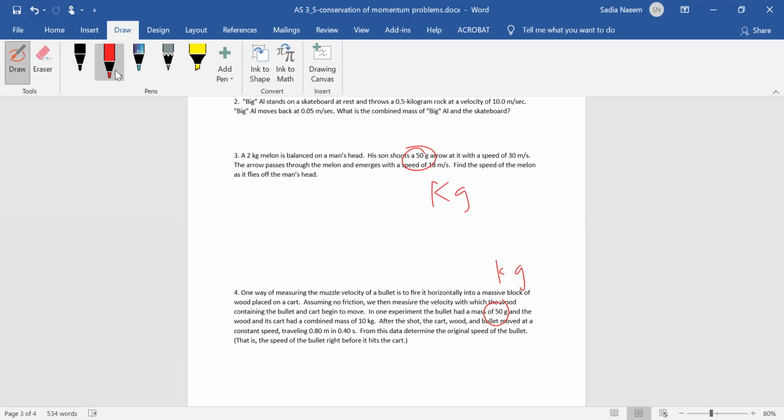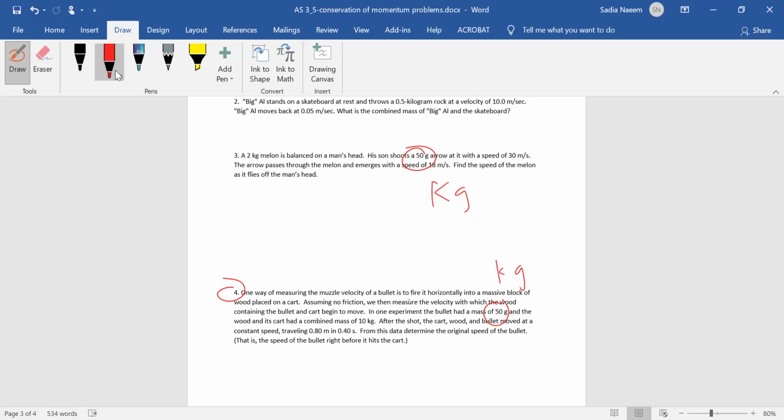The other thing is, in the 4th one, you also need a little bit of stuff from last semester. This is actually an interesting method which shows you how you can calculate the muzzle velocity of a bullet in number 4. Muzzle velocity means the velocity at which a bullet comes out of a gun. You can actually use law of conservation of momentum to figure it out. Most speed detectors or velocity detectors work with an extended object, and the bullet moves so fast that it might be difficult.